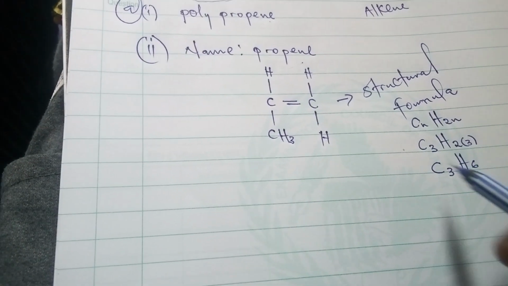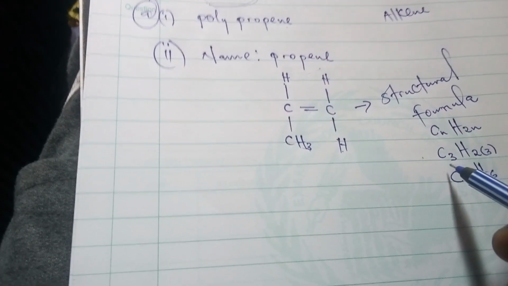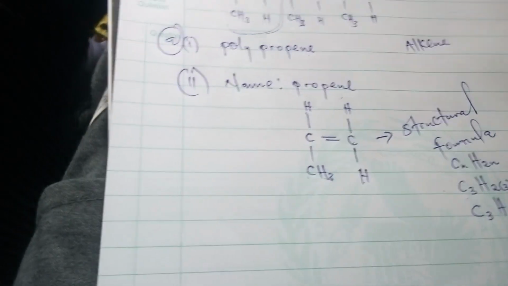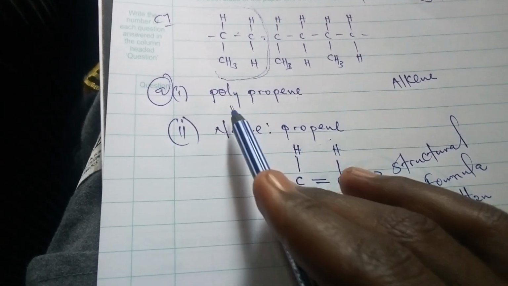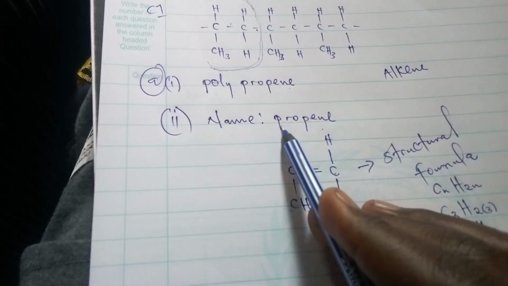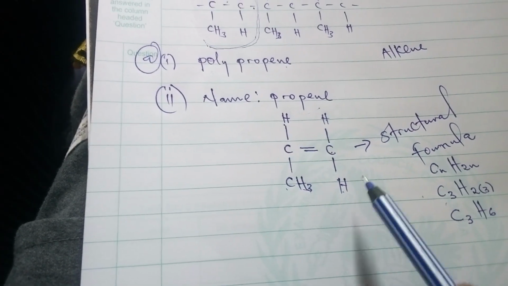If you count the number of hydrogen, that is 3, 4, 5, 6, and the number of carbon, that is 1, 2, 3. So those are the possible solutions that were supposed to be there. The polymer is polypropene, the monomer is propene, and the structural formula of the monomer is that one.